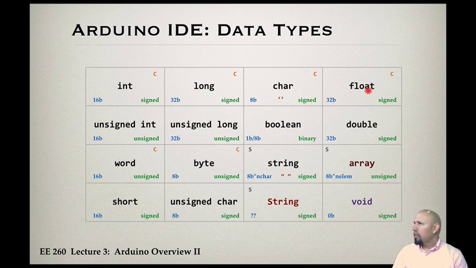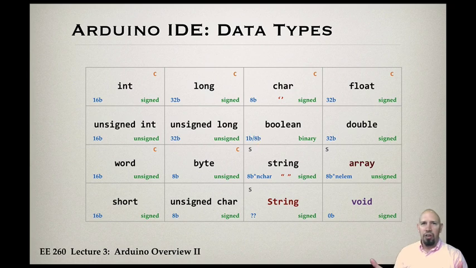So we have double and float. Again, both of these are 32-bit signed. This one has a conversion function. This one does not, and so forth. So there are a number of things. Boolean is interesting in that it actually only considers 1 bit, but it takes up 8 bits. So it's a little bit different.